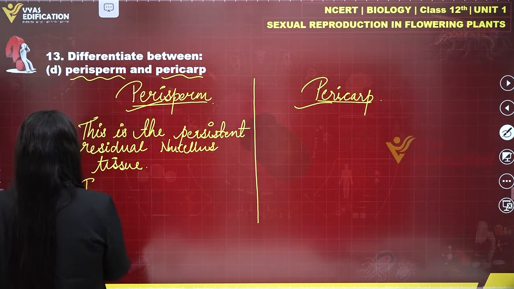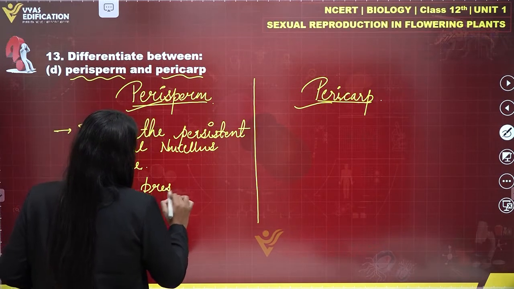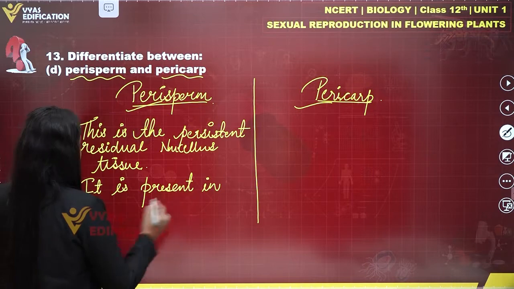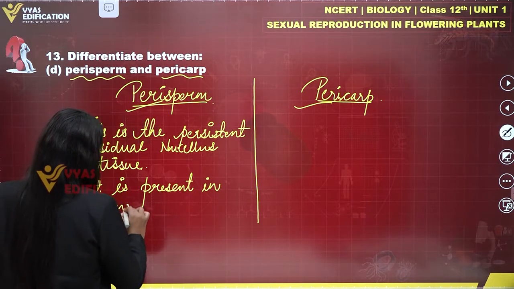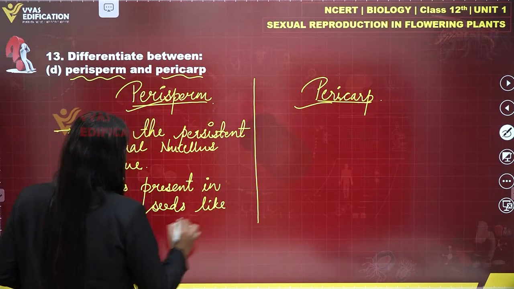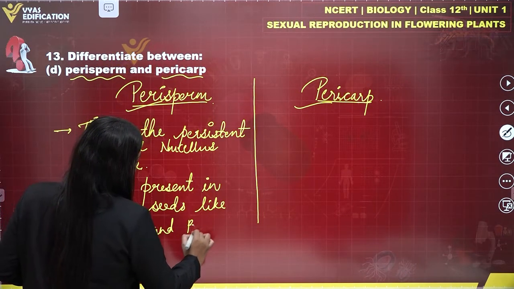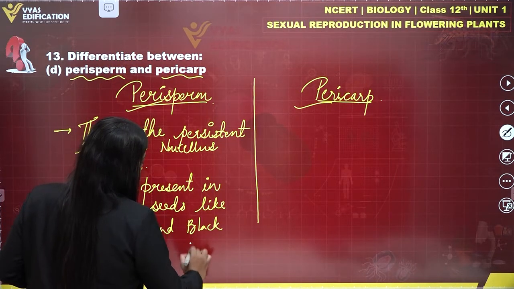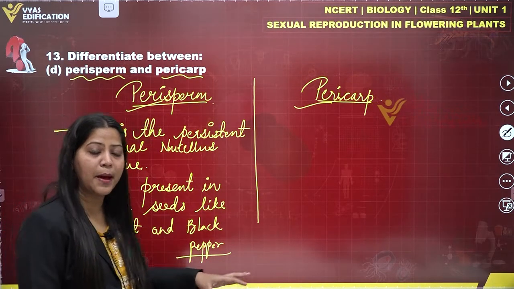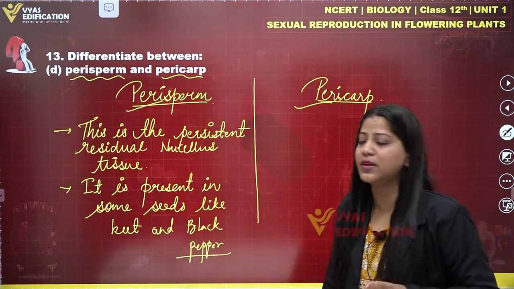It is present in some seeds like beet and black pepper. These are the examples in which the seeds of black pepper and beet have residual, persistent nucellus in them.